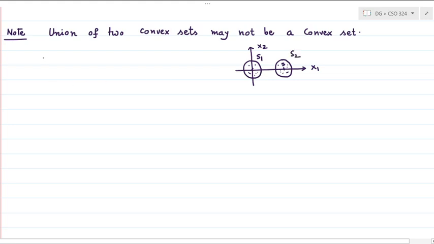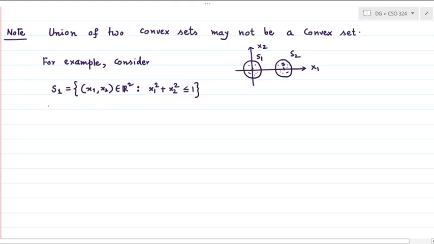So consider, for example, S1 equal to the set of points in R2 such that x1 squared plus x2 squared is less than or equal to 1, and capital S2 is the set of points x1, x2 belonging to R2 such that (x1 minus 5) squared plus x2 squared is less than or equal to 1.